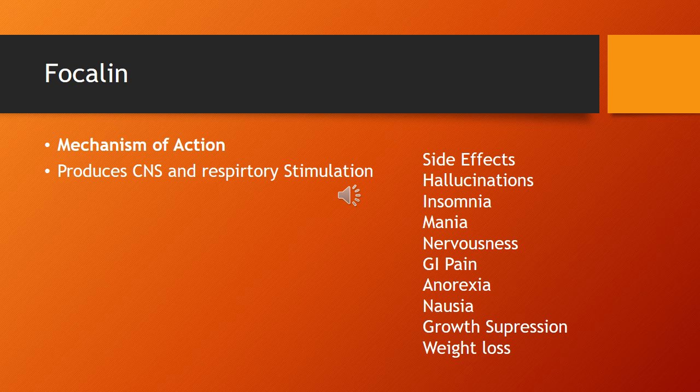Some of the side effects for this medication: hallucinations, insomnia, mania, nervousness, GI pain, anorexia, nausea, growth suppression, and weight loss. Some twitching can possibly happen. And then the weight loss is usually with prolonged use, so over time. So it is important to maintain records of weight and growth.